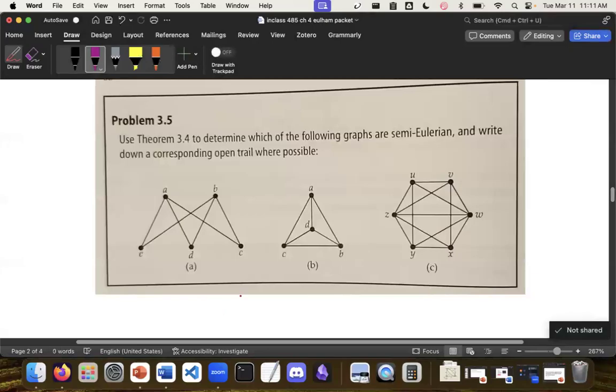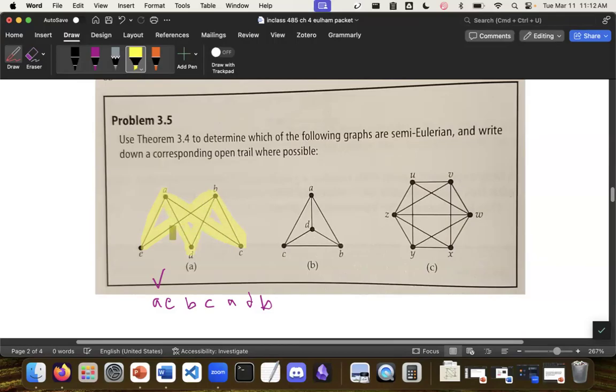All right. Is A? Yeah. Do you have a trail for me? A to E, E to B, B to C, C to A, back down, back up.